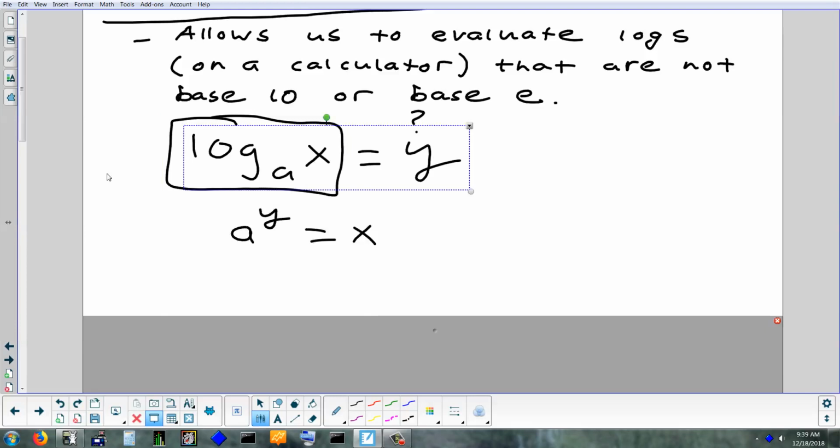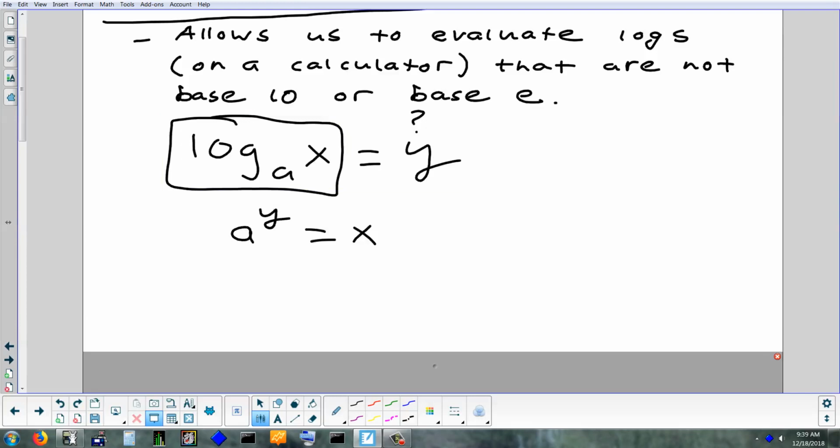All right. Now the next step is a little tricky to figure out. But a hint would be, I would like to get rid of this y as an exponent. We can't get rid of exponents, but what can you do with them? This was one of the properties we learned today.